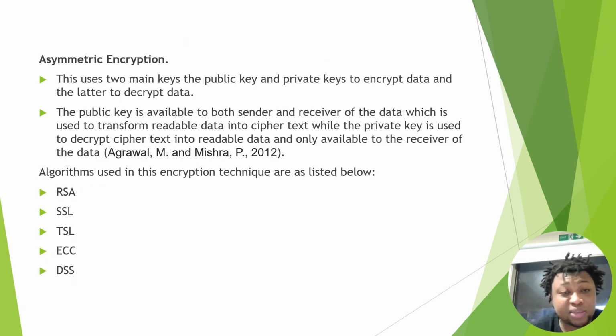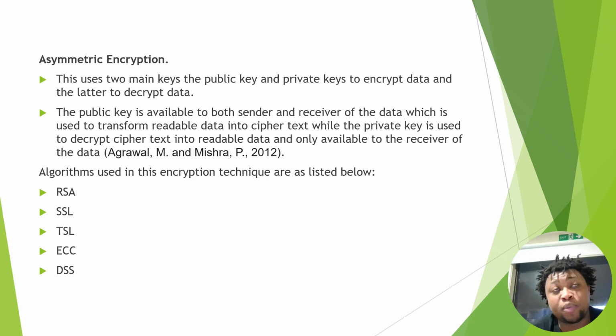So we come to asymmetric encryption. Asymmetric encryption is different from symmetric encryption, which only uses one key. This one uses two keys, one public key and one private key. The public key is available to both the sender and receiver of the messages or data, and this is used to transform the data from readable text to ciphertext.